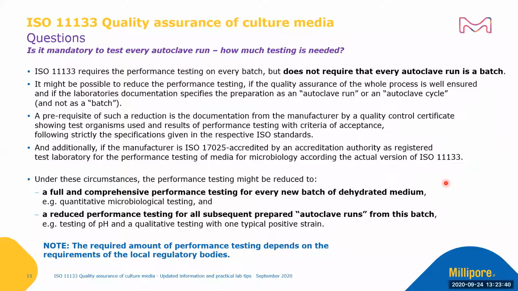Under these circumstances, the performance testing might be reduced to a full and comprehensive performance testing for every new batch of dehydrated medium, for example, in quantitative microbiological testing, and a reduced performance testing for all subsequent prepared autoclave runs from this batch. For example, testing of pH and a qualitative testing with one typical positive strain.